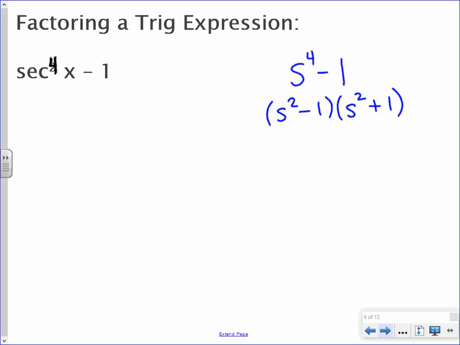Do you agree? Okay, so we can come over here and we can factor secant to the 4th x minus 1 as secant squared x minus 1 times secant squared x plus 1. That's how we would do that. Yes? Can you factor it further then? We could. Okay.